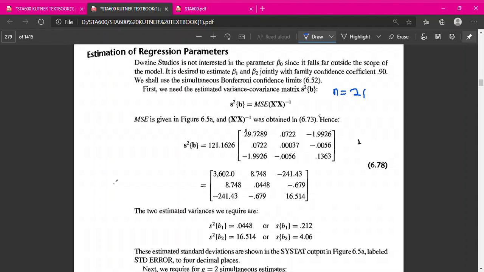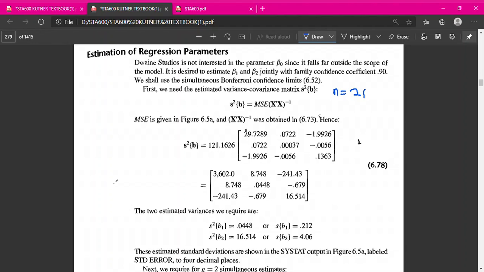Before this, you already calculated X transpose X. You created the matrix of X transpose X, where first of all you need to find all the summation values. So we have this X transpose X matrix, then we invert it. This is the matrix of X transpose X inverse. To get the variance-covariance matrix, multiply this matrix by MSE. How do we get MSE?